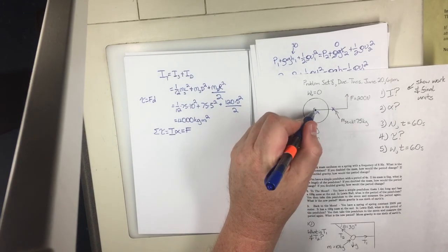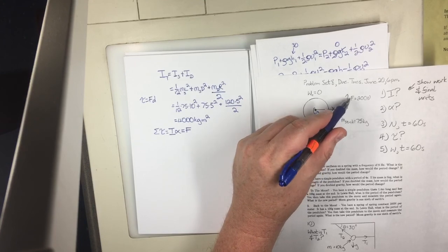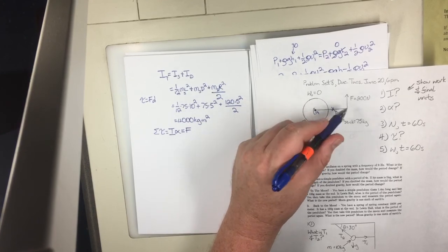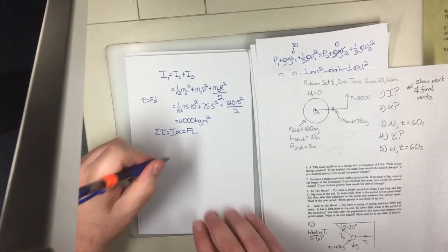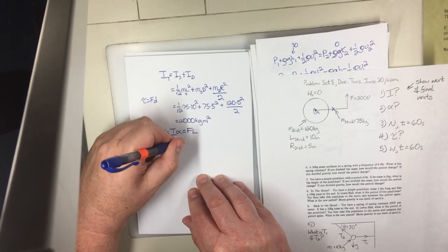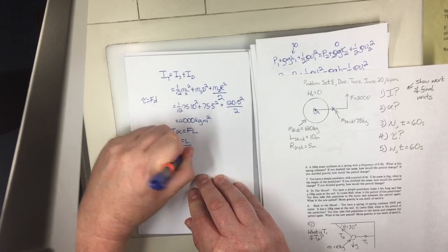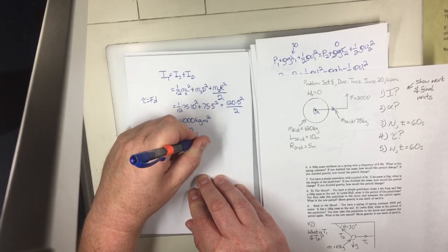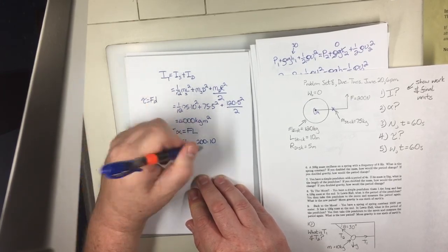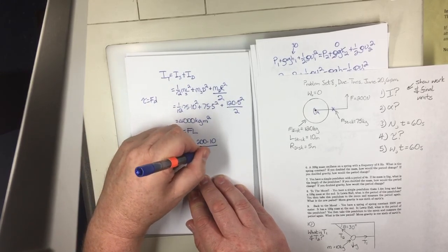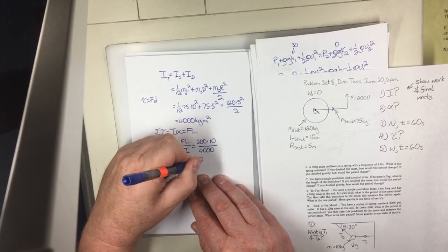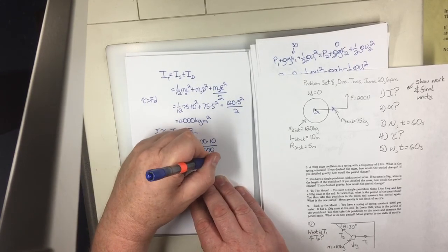The distance from the rotation point to the force itself, which in this case is L. So alpha is FL over I, 210, oh, these numbers are working nice, 4,000, so this is 0.5 radians per second per second.